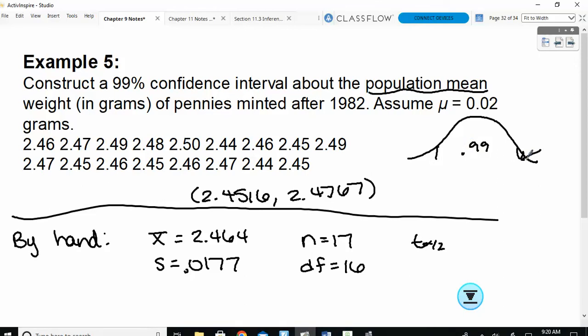So each tail gets half a percent, so 0.005. So go to the table, 16 degrees of freedom, the probability across the top, 0.005, and we get 2.921.